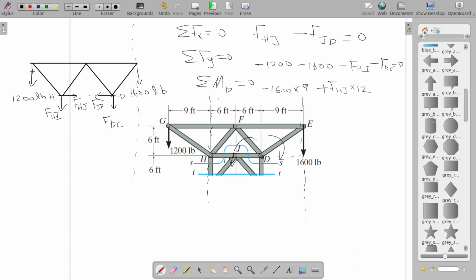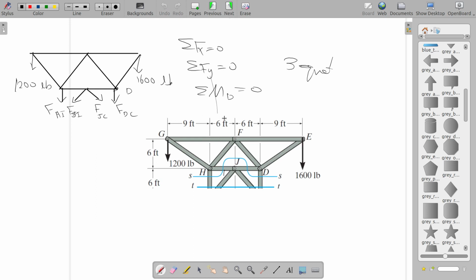Now you have the 1200 pound force. What is the distance between the line of action of 1200 force and point D? 6 plus 6 plus 9, so that is 21. So 1200 into 21 is tending to rotate the system in anti-clockwise direction, so that is positive, equal to 0. 3 equations. Similarly here also 3 equations.